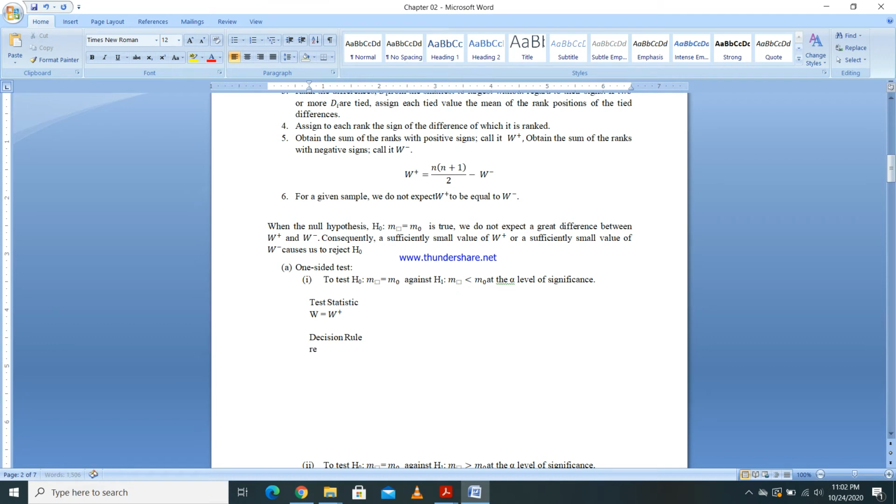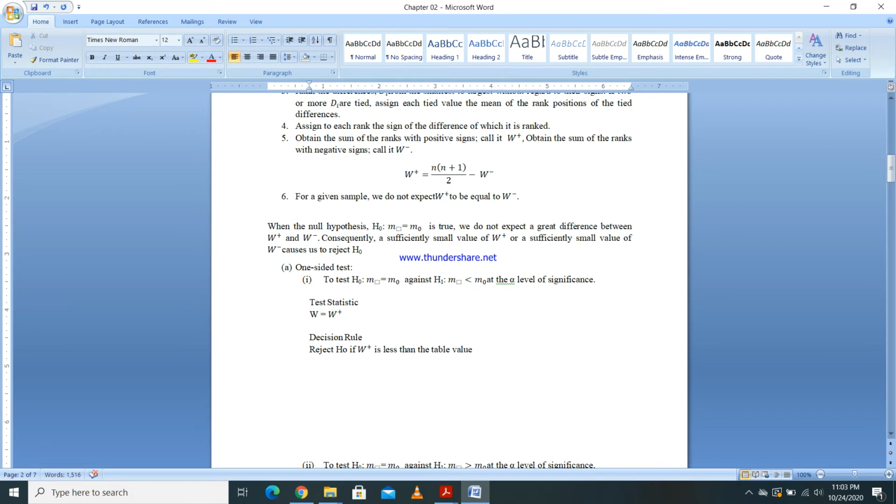In this case, we are going to reject H naught at significance level alpha if the observed value of our test statistic, in this case W plus, is less than the table value. So this is our decision rule.